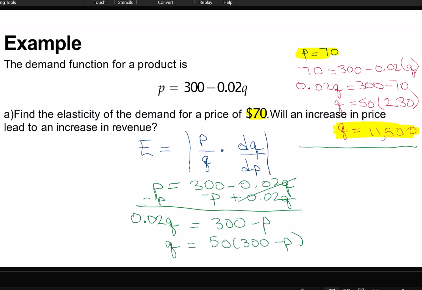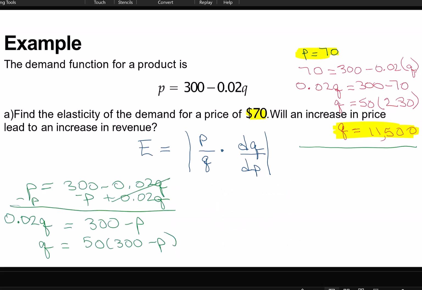Now I need to take the derivative of that. And now I need dQ/dP, which is equal to the derivative of this. And this is the same as 50 times the derivative of 300 minus P, which would be minus 1, which equals negative 50.